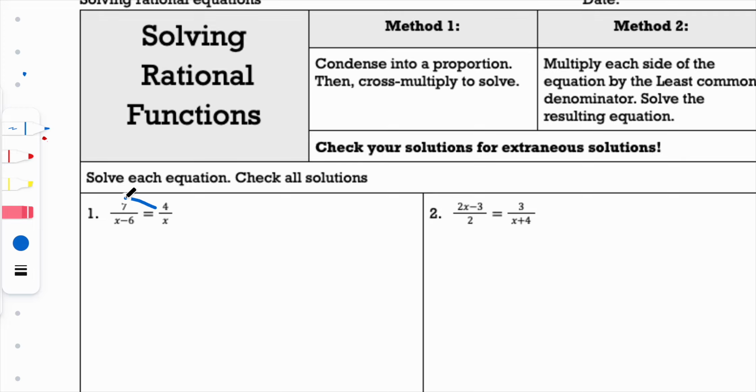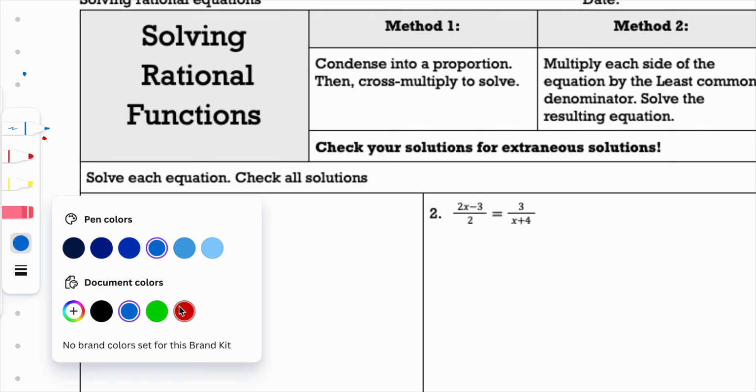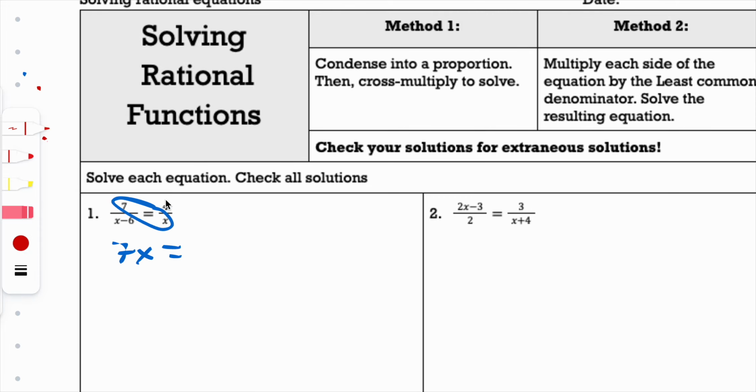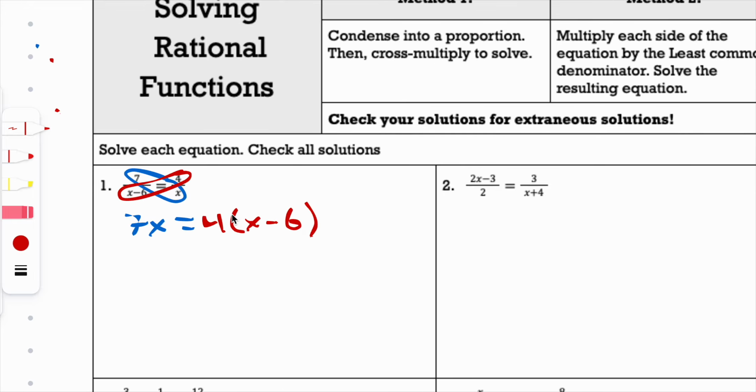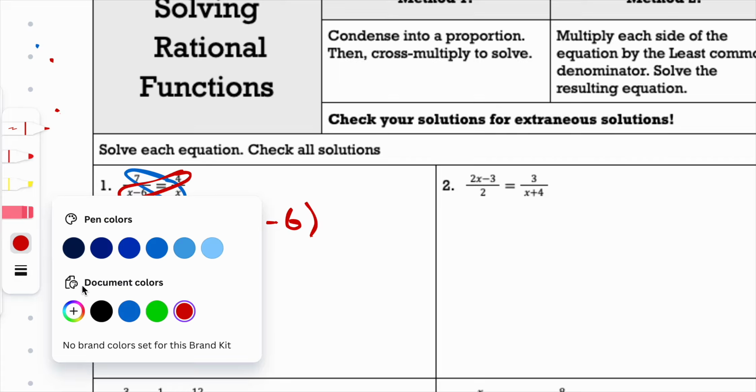And when we cross multiply, that means we essentially take this 7 and this x and we multiply them. So 7 times x is 7x. And that's equal to, when we multiply across in this direction, 4 times x minus 6. And then from here, we just want to solve for x.